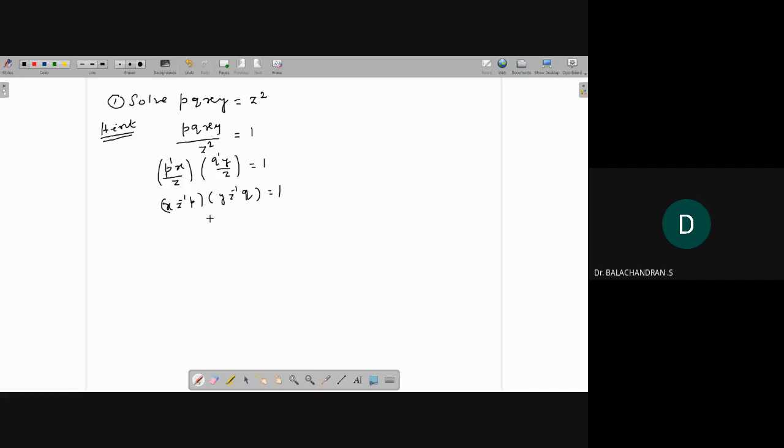Now you can find the value of m and k. m equal to 1, n equal to 1, k equal to minus 1.